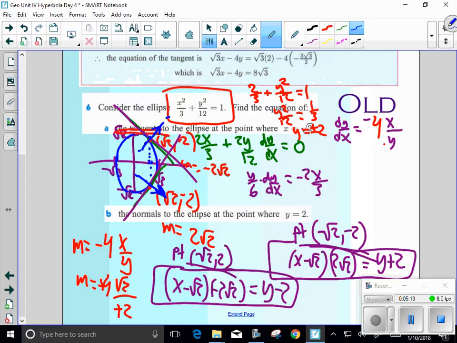We've done all this work. What's the only thing with normals that you have to worry about? Slope. The slope is not going to be negative 4x over y. What's it going to be? y over 4x, positive. And you're going to be given a y, and you're going to have two x's, two points. Is that okay? Do I need to do that? It's the same thing, just different values.